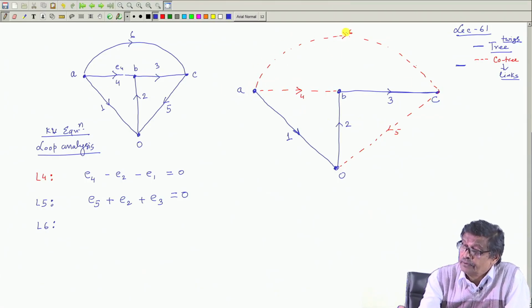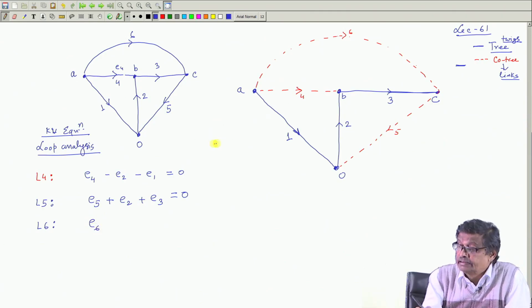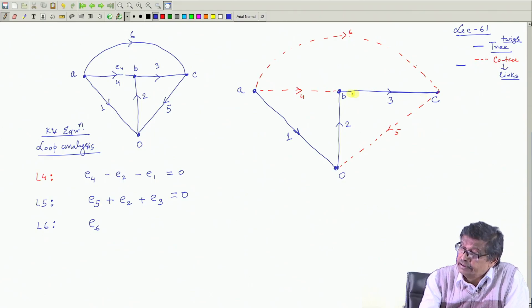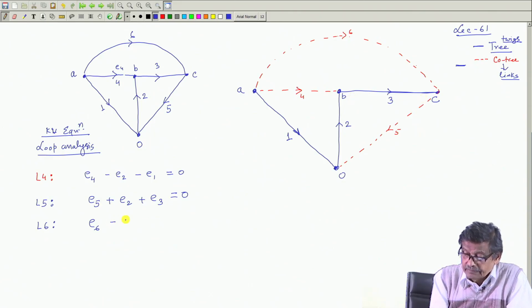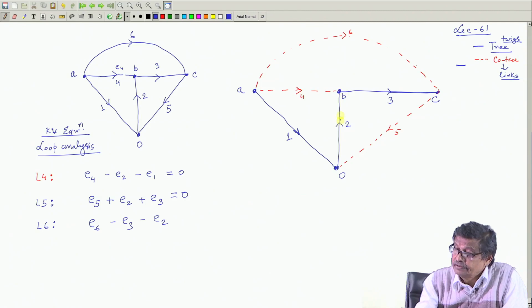This one going in this direction, it will be E6, that I will assign a positive sign. Then E3 will come, do not take E5, E3. So, minus E3, minus E2, because you have gone opposite to that direction of 6.